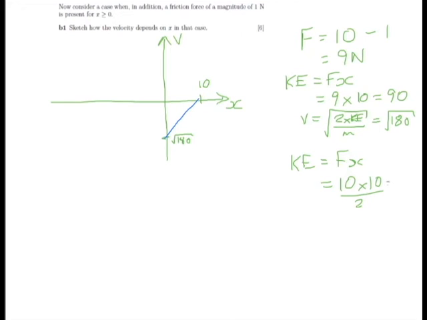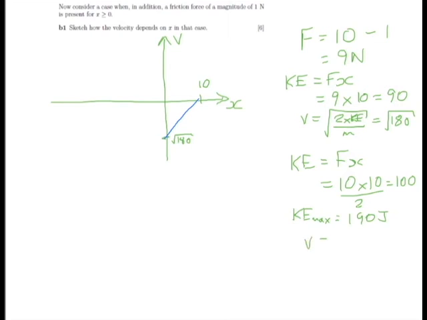and following through the same steps as before, that's 100. So we can add that to our previous kinetic energy to get 190 joules.